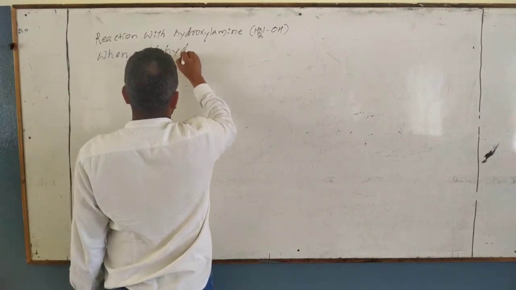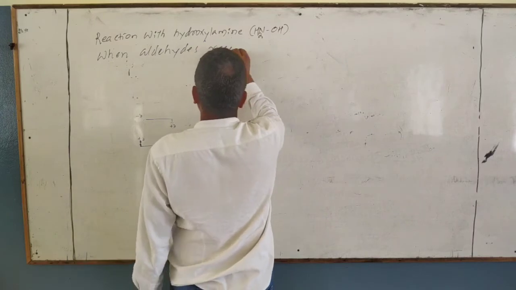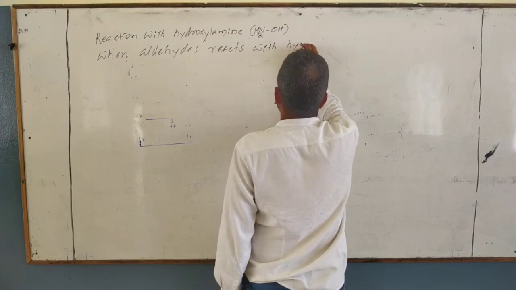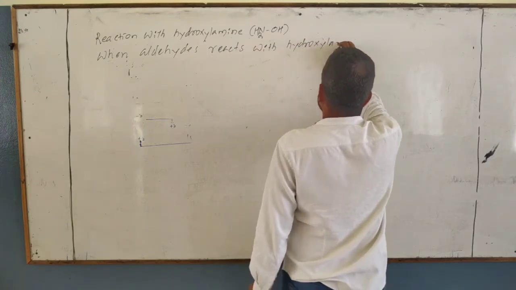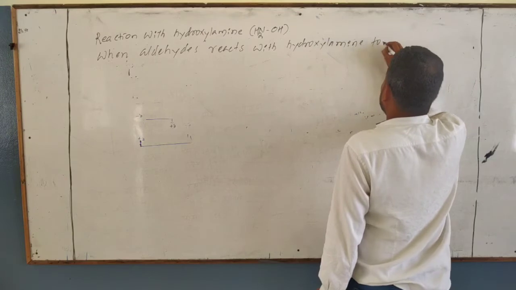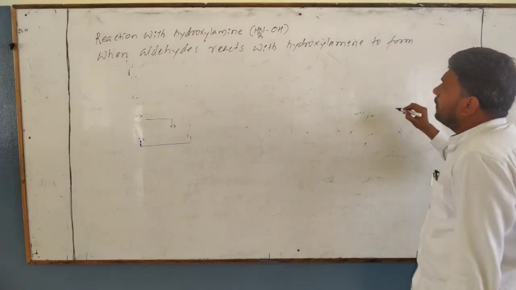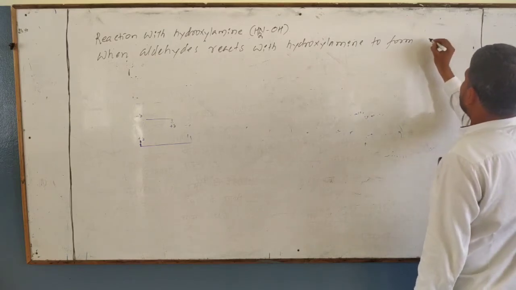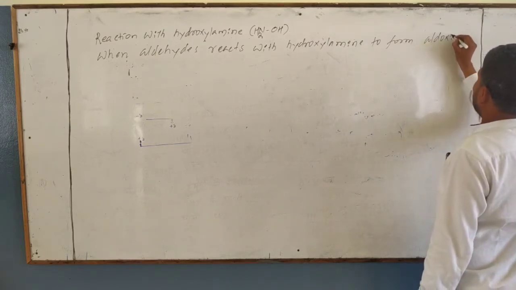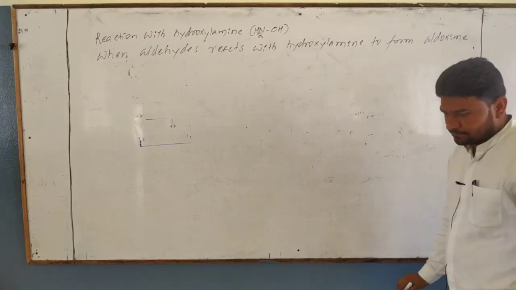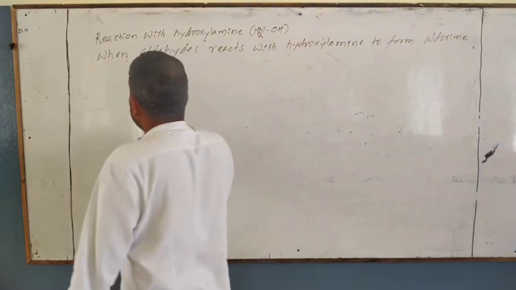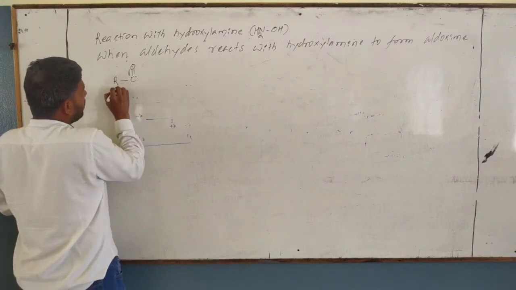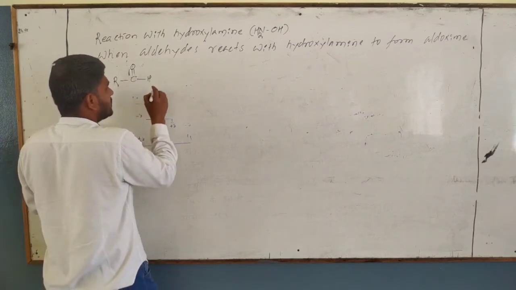When aldehydes react with hydroxylamine to form aldoxime. To form what? Aldoxime. For example, R, C double bond O, H, this is aldehyde.